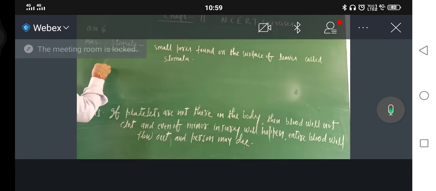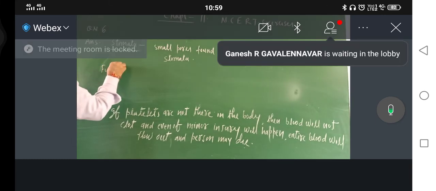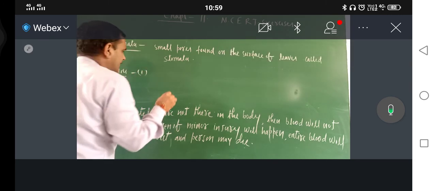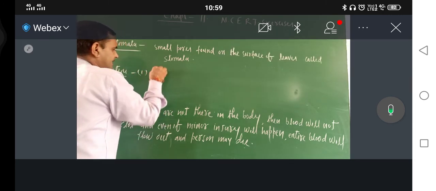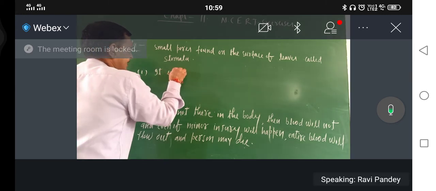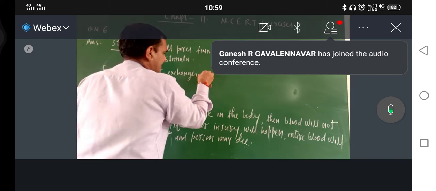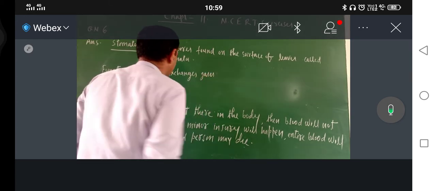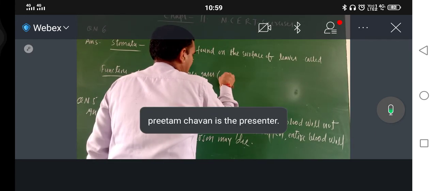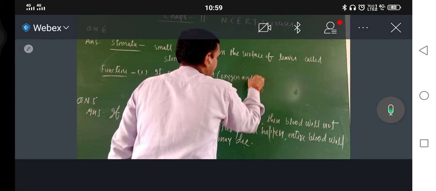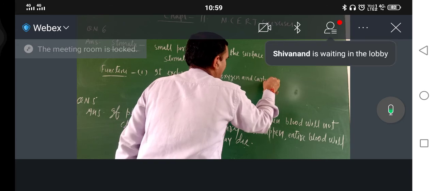Now, what is the function? The first function: it exchanges gases. Write down here, oxygen and carbon dioxide.